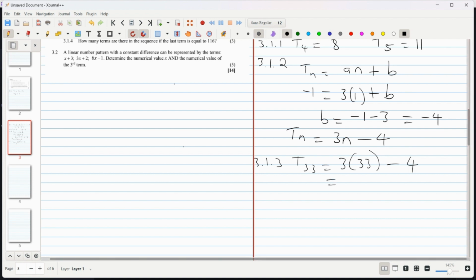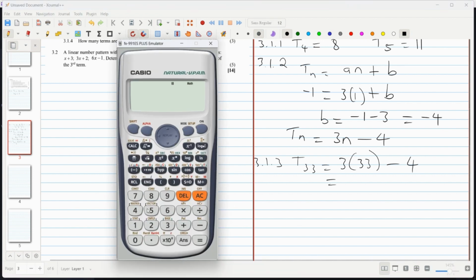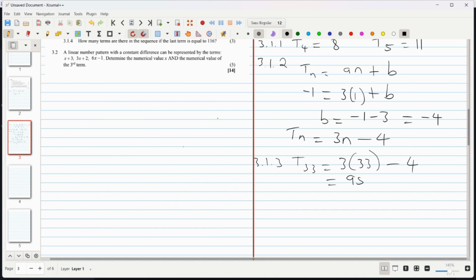So what do we have? We can quickly use our calculator. 3 times 33 minus 4. We have 95. So 95 is our answer here.